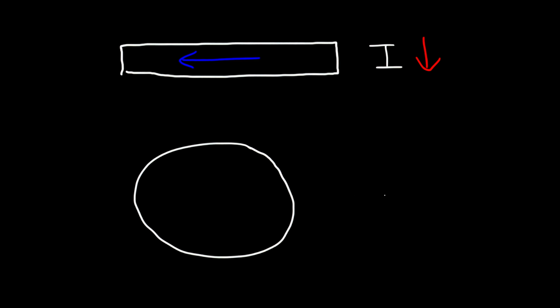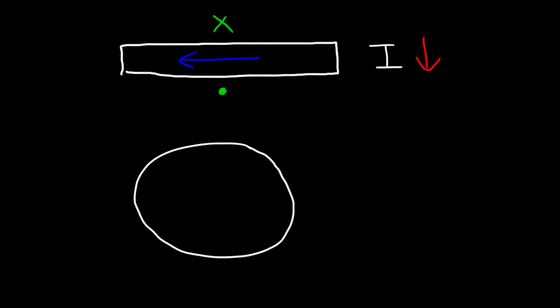So let's focus on the magnetic field created by the wire with the decreasing current. If the current's going to the left, if you take your hand and wrap it around a pen with your thumb pointed towards the left in the direction of the current, you'll see that your fingers will curl into the page at the top, and they're going to come out of the page below the pen.